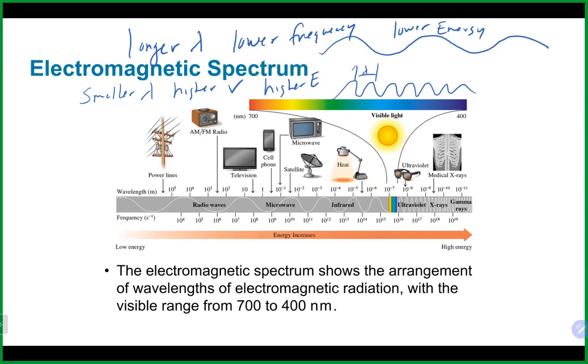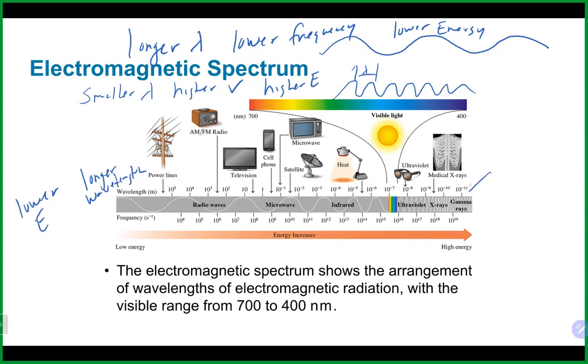So as electrons transition from one energy level to the next, they are releasing energy in the form of waves. And depending on the wavelength, it may fall in different parts of what's known as the electromagnetic spectrum. On the left-hand side, this is a longer wavelength, which means on this side it is lower in energy.